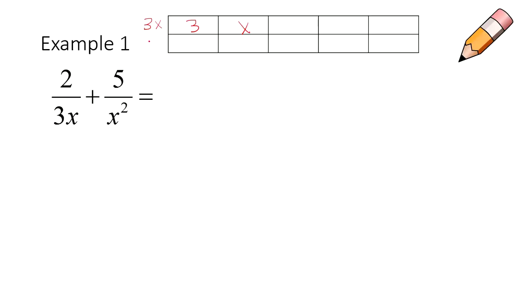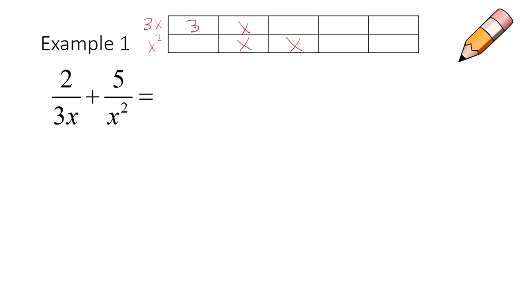Now let's write x squared in the second row. Would you guys agree with me I can break that into an x times an x, right? So I want to write out my factors. But notice, guys, we can't put an x under the 3 because the x and the 3 are not alike. So I can put, however, an x underneath here, and then I have one more x left behind.